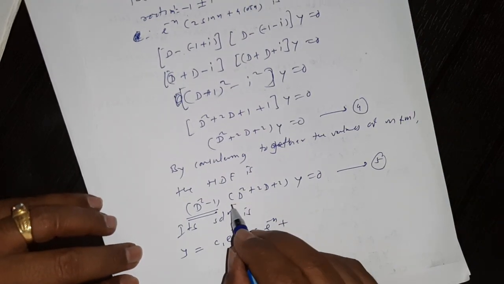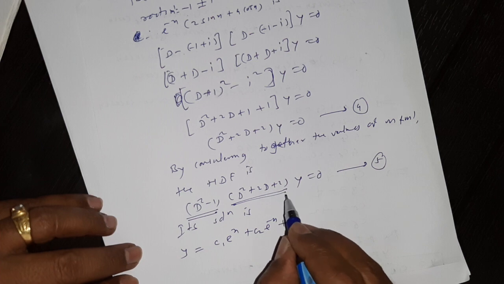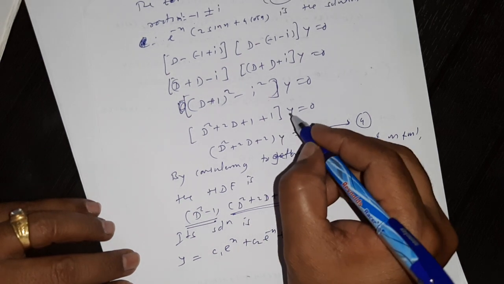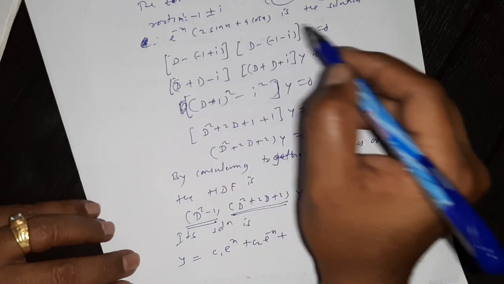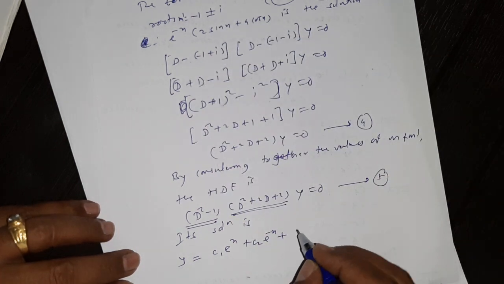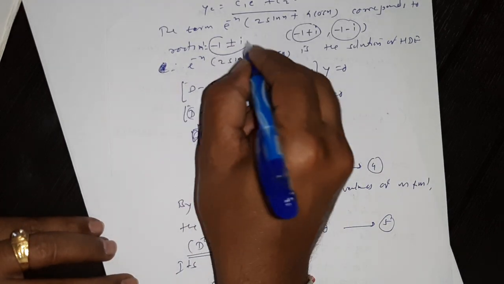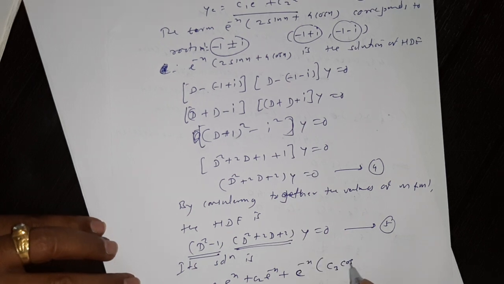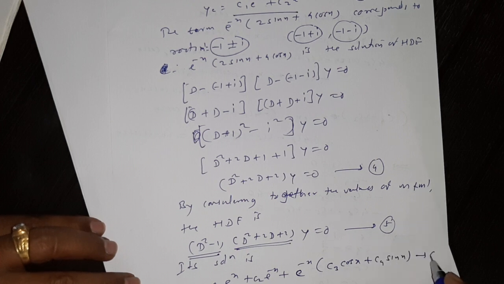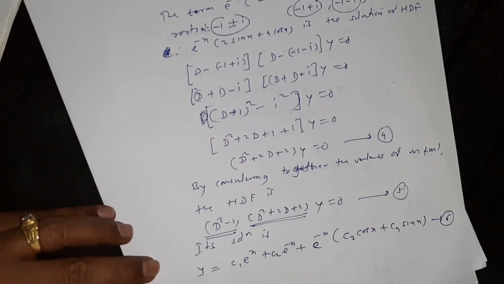The roots of D square plus 2D plus 2 are minus 1 plus minus i, and the terms corresponding to these roots are e raised to minus x, next constant c3 cos x plus c4 sin x.